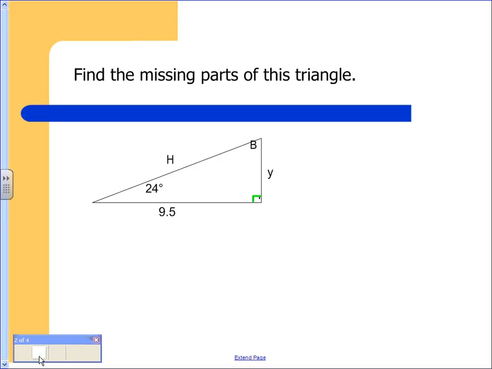So what would be the easiest thing to figure out first? B. Isn't B going to be the easiest to find? What does angle B have to be?